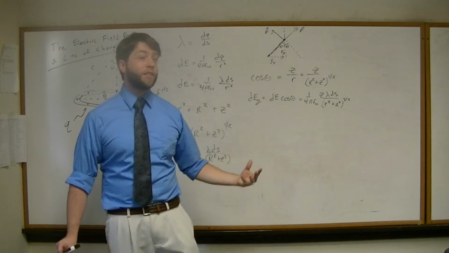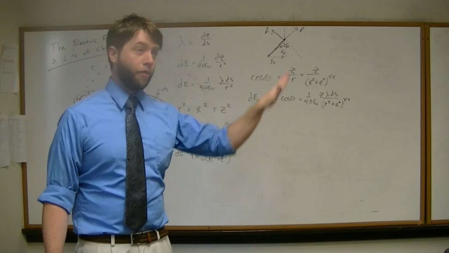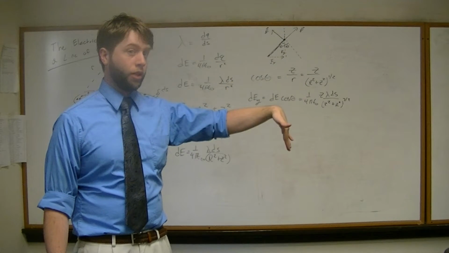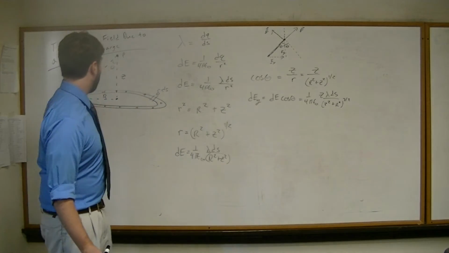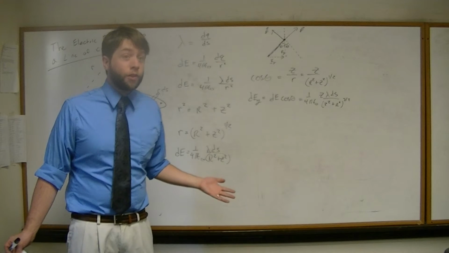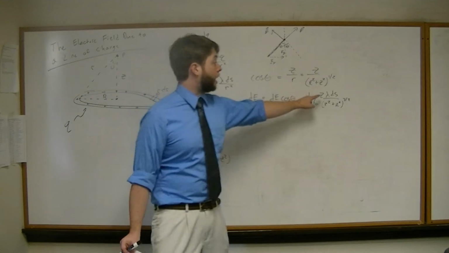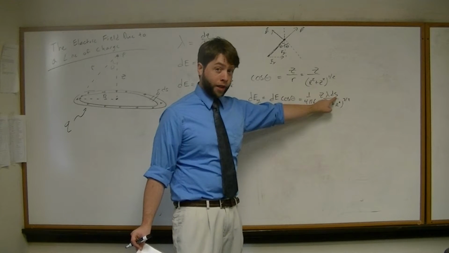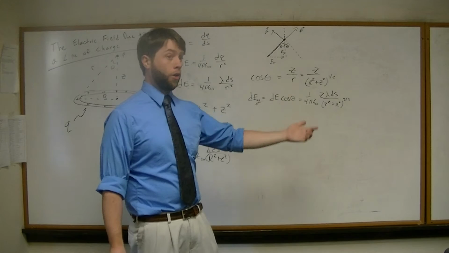And in the previous example, we didn't know the exact arc length in question. We could have figured it out from the 60 degrees to the lower 60 degrees on the previous video's example. But here, I know what the arc length is of this circle. It's the circumference of a circle, right? 2 pi r. So my limits of integration, if I'm integrating over an arc length here, ds, is 0 to 2 pi r.